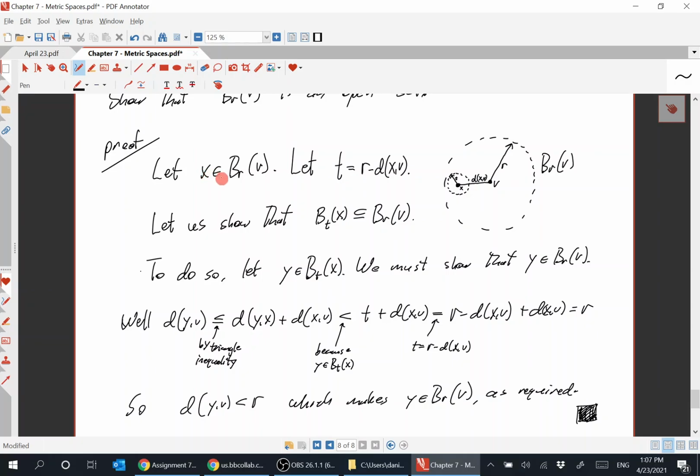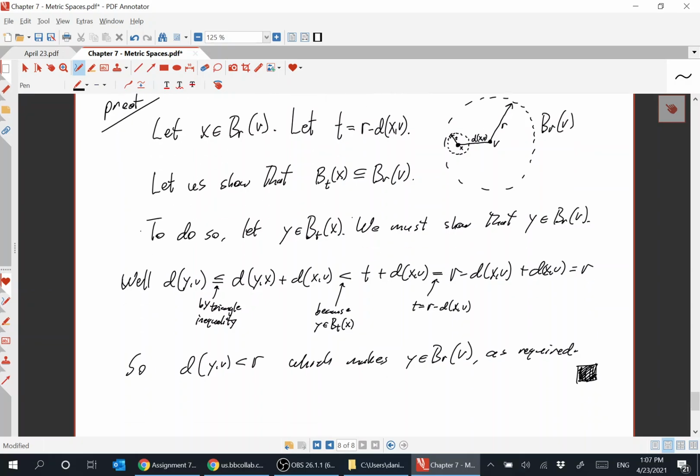We let X be in the ball of radius R around V, and T is equal to R minus the distance from X to V. Those are actually the only two numbers we know about in the setup here. And then we showed that the ball of radius T around X is contained in the ball of radius R around V. And that's what we did.